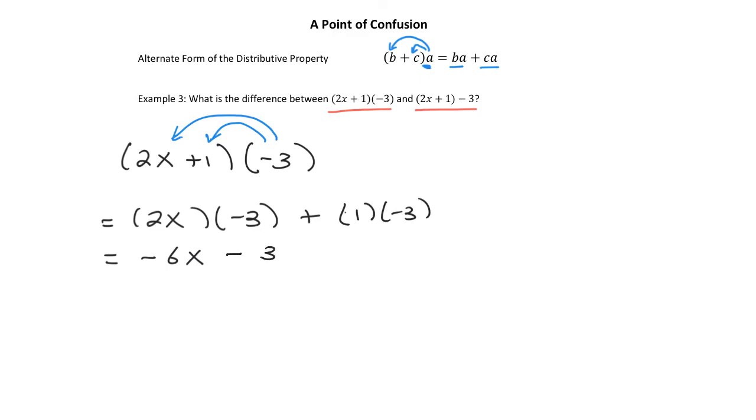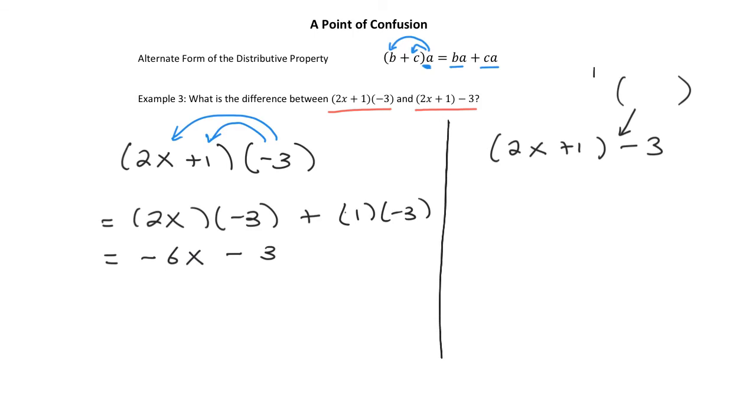So here was applying the distributive property, but on the right, I was allowed to do that because I was definitely multiplying. If you compare that to 2x plus 1 minus 3, the fact that there's no parentheses here means you're not multiplying. This means you are subtracting 3. So maybe I'll just draw a line here to indicate we're doing two different problems.